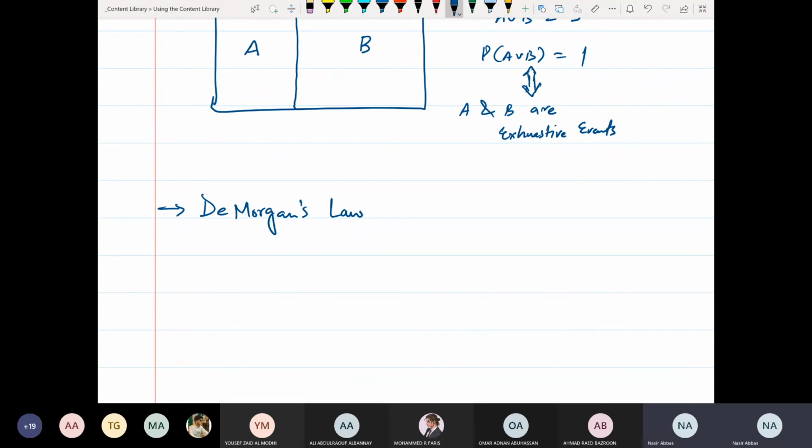It says that, even outside probability, A union B whole complement can be written as A complement intersection B complement. And A intersection B whole complement can be written as A complement union B complement. These two things are called De Morgan's law.